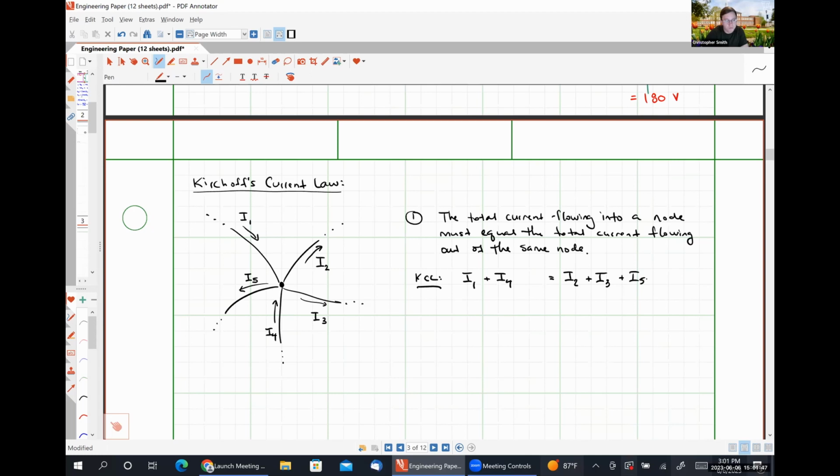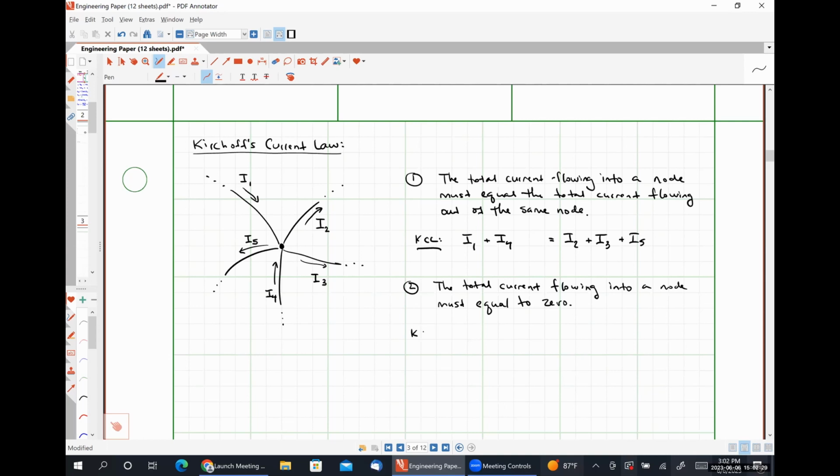Yes. All right. So now let's look at the second way that we can express Kirchhoff's current law. This formulation is: the total current flowing into a node must equal 0. So this is not saying that I1 plus I4 is equal to 0.